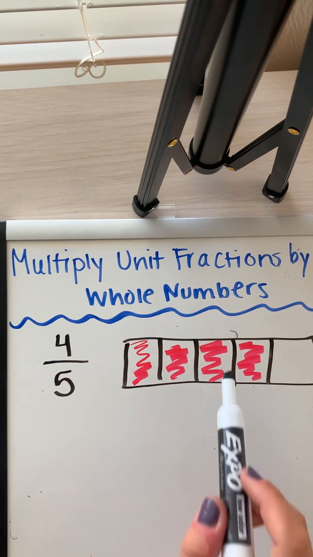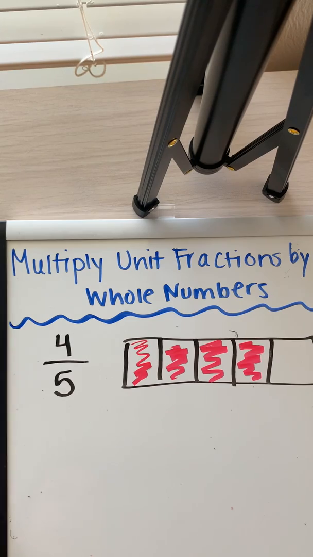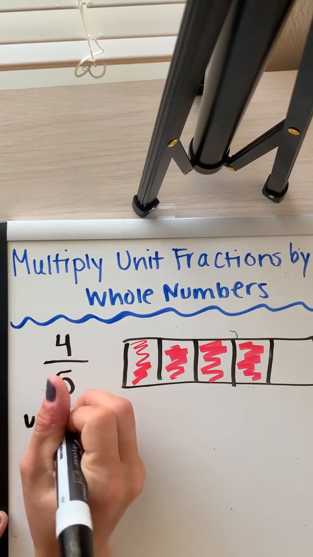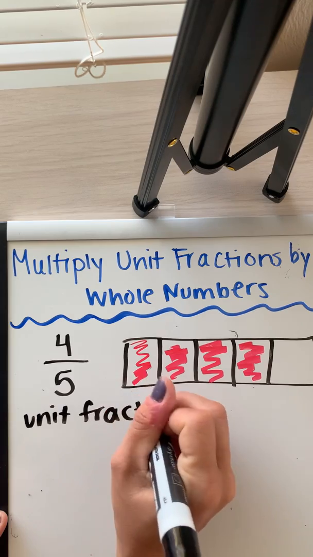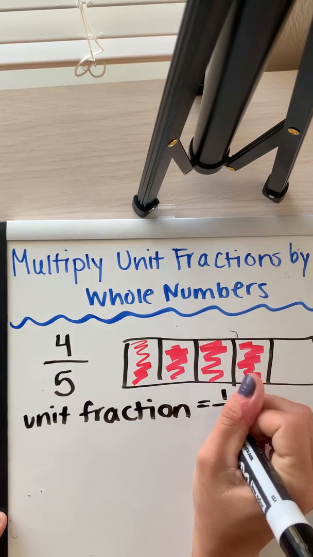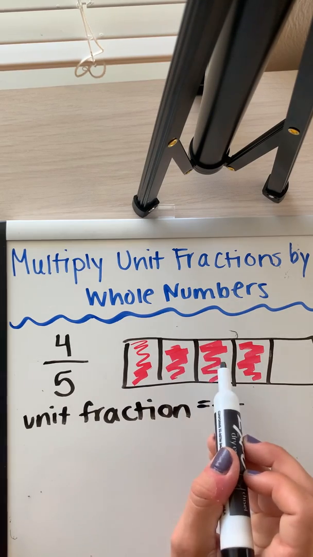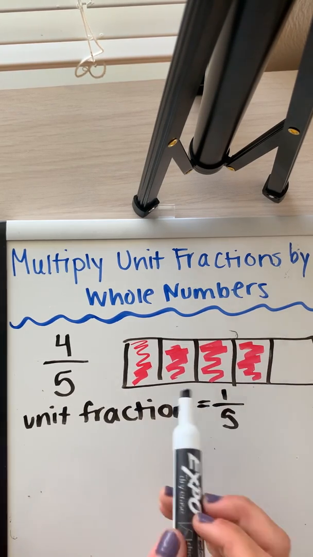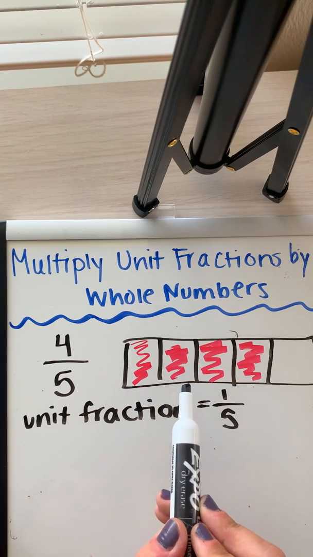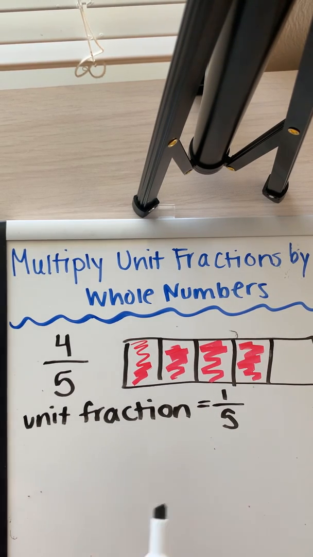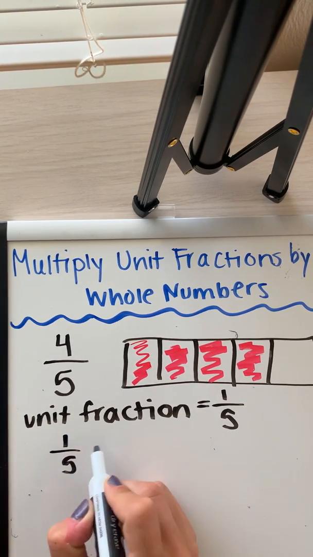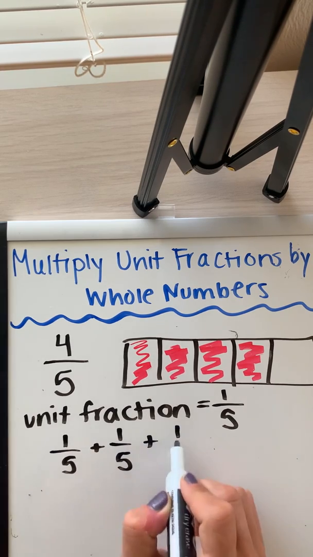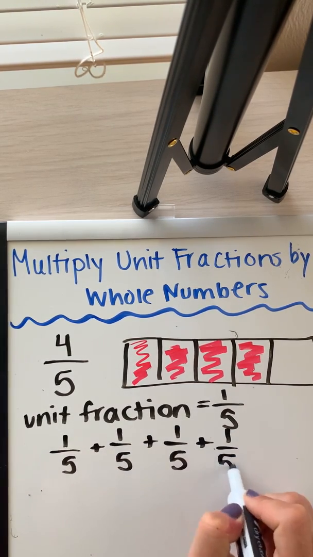I know that if my rectangle is split up into fifths, my unit fraction is 1/5. This is 1/5, this is 1/5, this is 1/5, this is 1/5, and this is 1/5. Right now, shaded in, I have 4/5 shaded in. If I was going to decompose 4/5, I could break it into 1/5 plus 1/5 plus 1/5 plus 1/5.